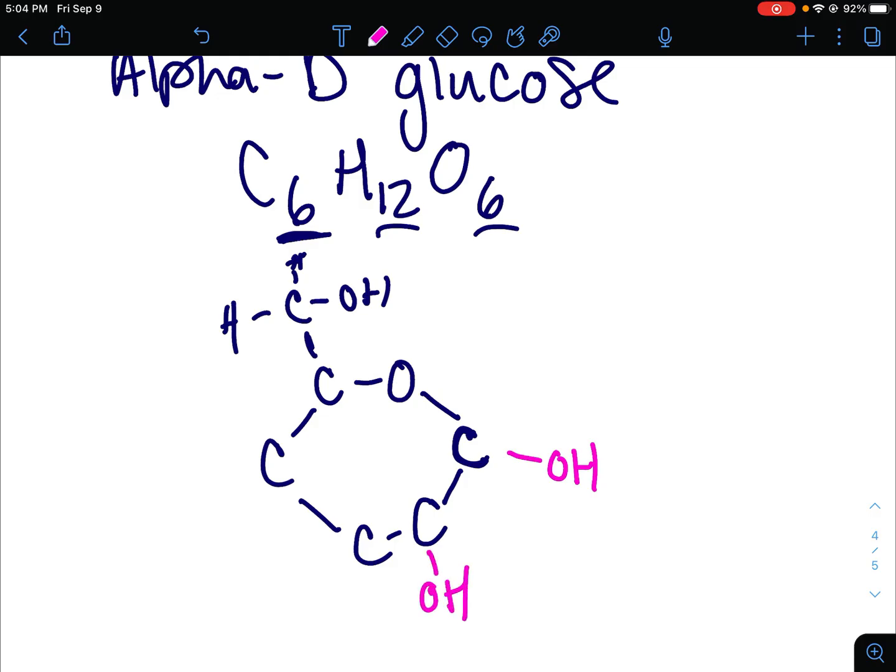I have a hydroxyl group that goes down here. For the next carbon, it's inside the ring. For this one, it is on the bottom. So those are our hydroxyl groups. I'm going to circle the one that is different from beta D glucose for now.